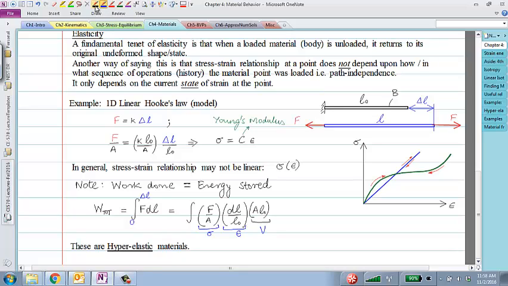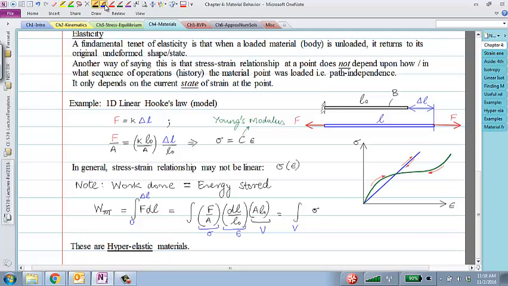If I were to rewrite this, we would get the integral over the volume of the body of stress at a particular level times strain, dV.